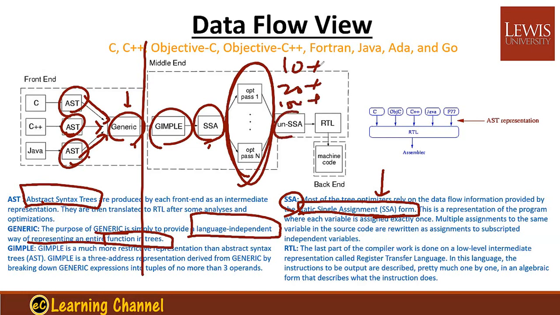You do them on SSA, then remove the static single assignment form. So here you put it into single assignment form, then you do many optimizations, and then you return to the regular form.